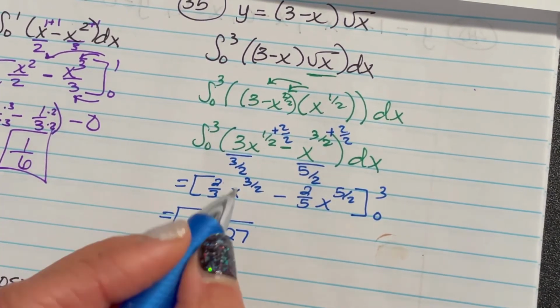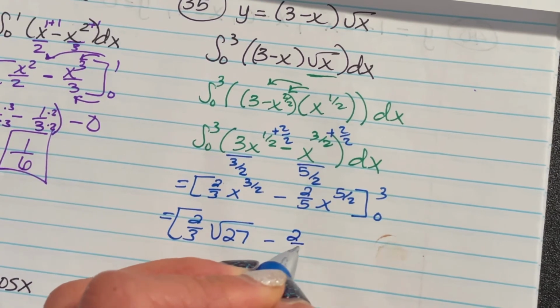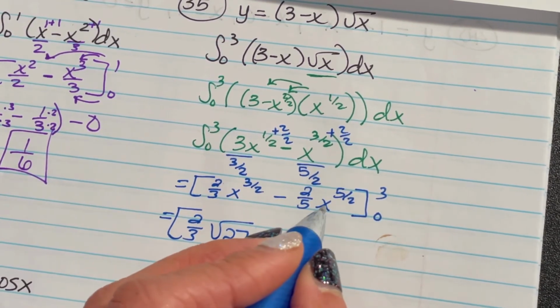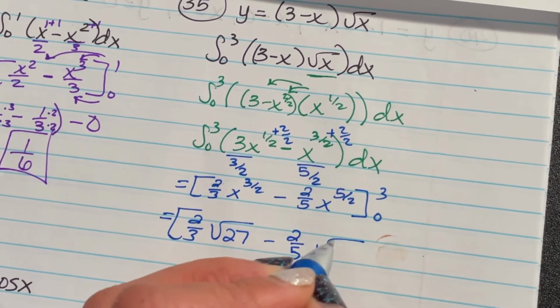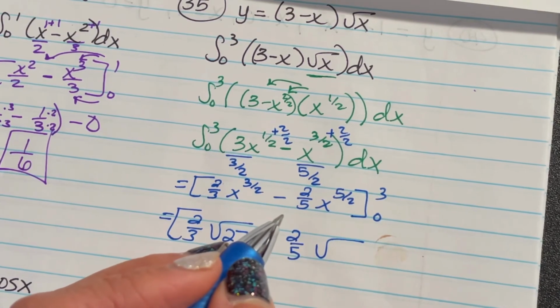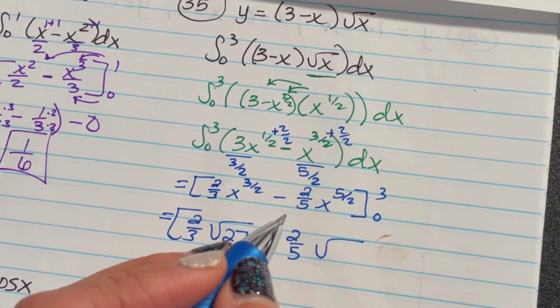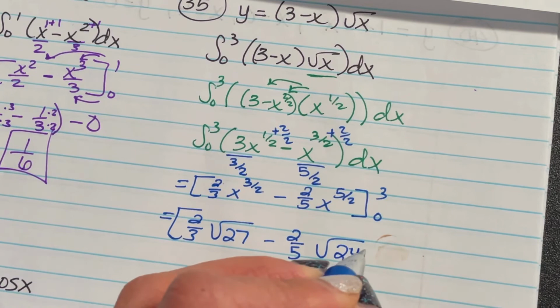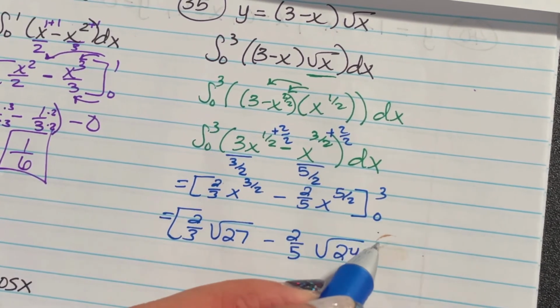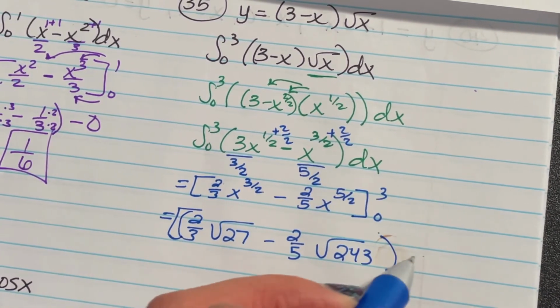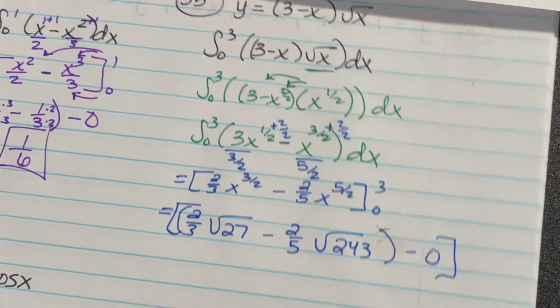I'll leave that there for right now. Minus 2/5 times, plug in a 3. Remember, that's the square root of 3 to the 5th. What is 3 to the 5th? 243. And when we plug in a 0, it's just going to be all this minus 0, so it's not going to matter.